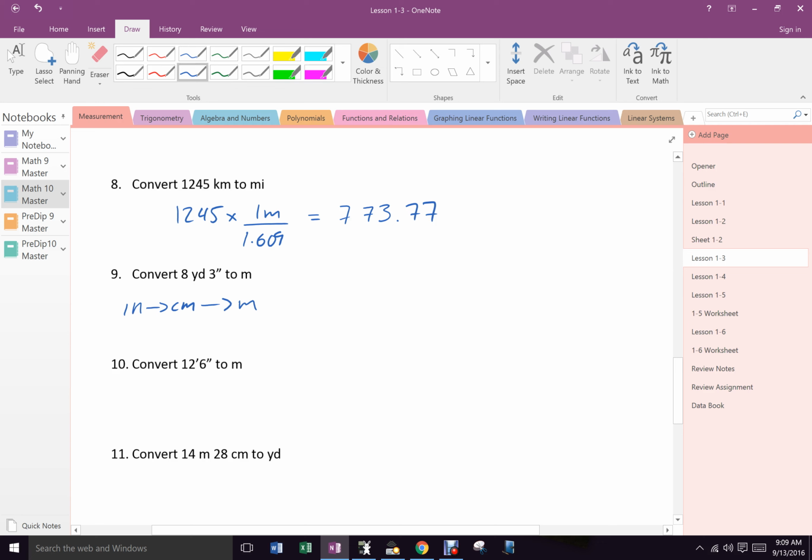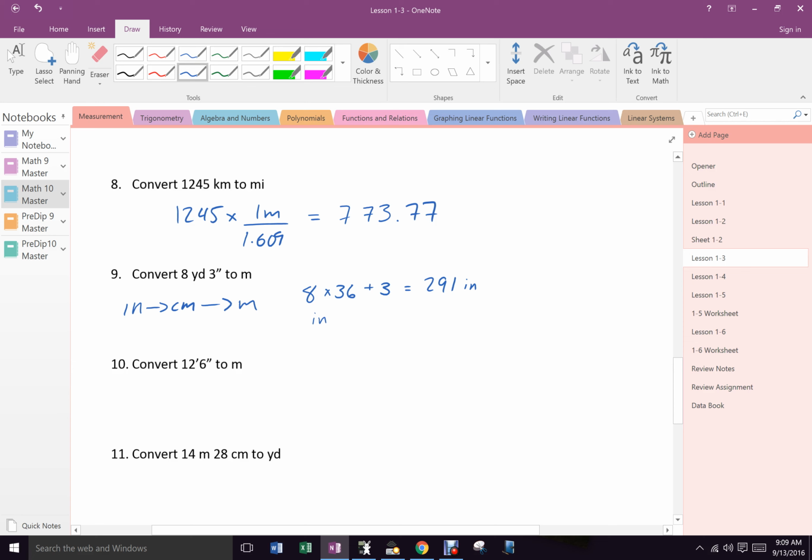Right? So to get inches, I got to do 8 yards times 36. That gets me my inches for yards. Plus how many? 3. I know bad math. 8 times 36 plus 3 is 291 inches. Now I can go inches to centimeters, can't I?